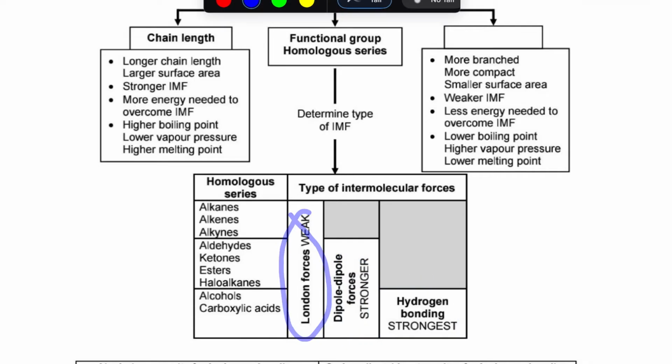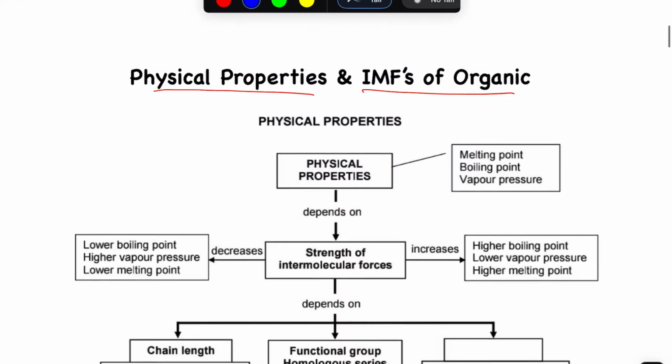London forces is the weakest, then the strongest is the hydrogen bonding, followed by the dipole. And we know hydrogen bonding is a type of dipole, right?